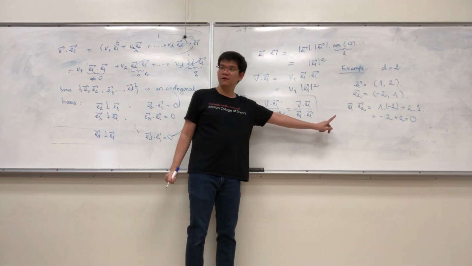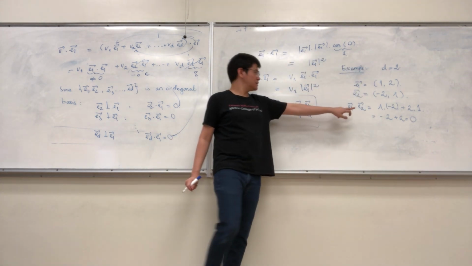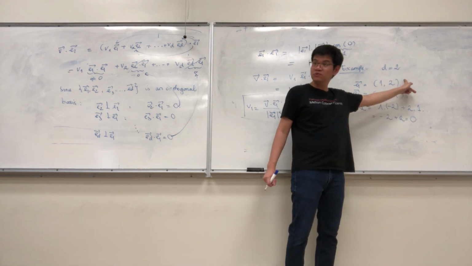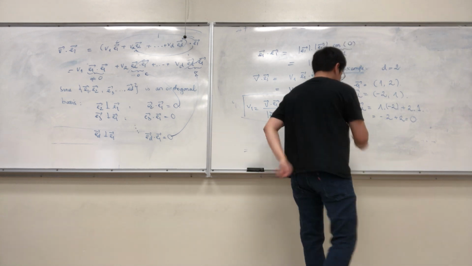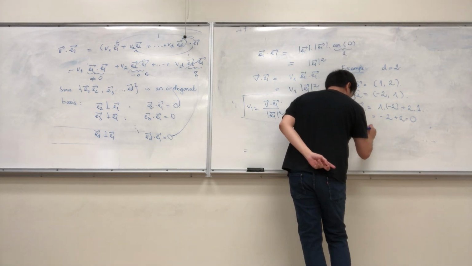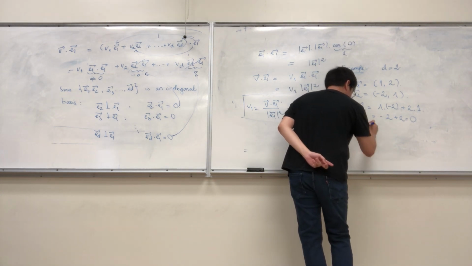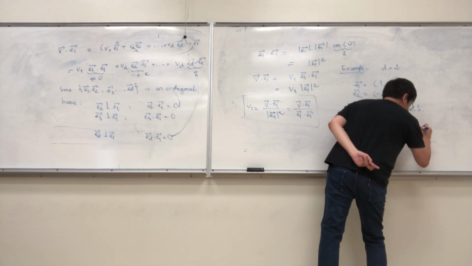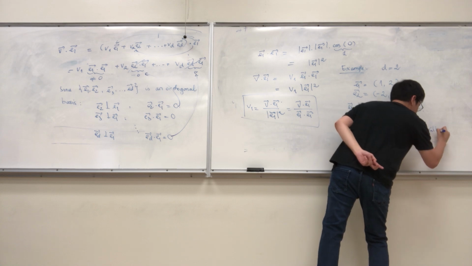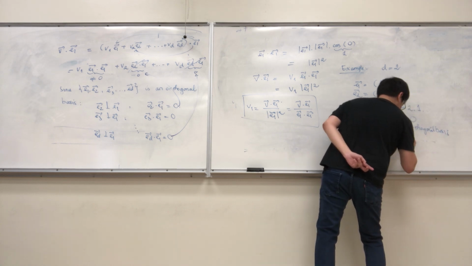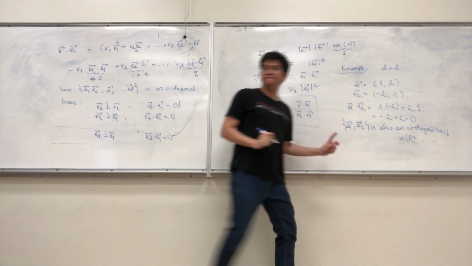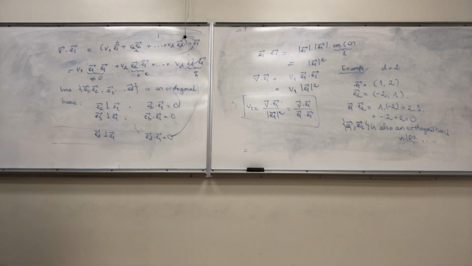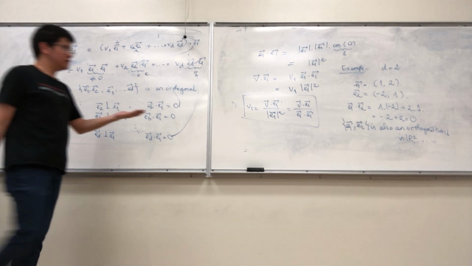So E1 and E2 are also orthogonal in dimension 2, which means that they are also an orthogonal basis in R2. In other words, you can have many orthogonal bases; there are infinitely many.